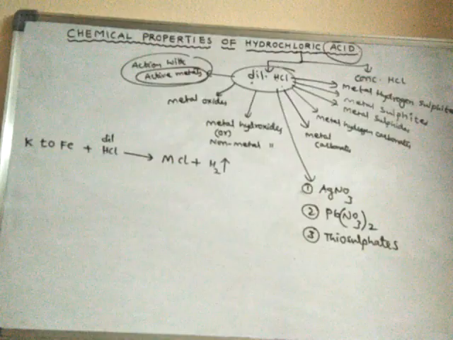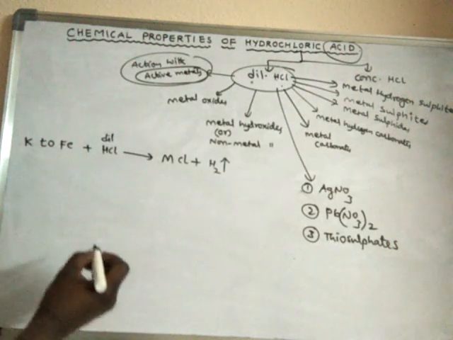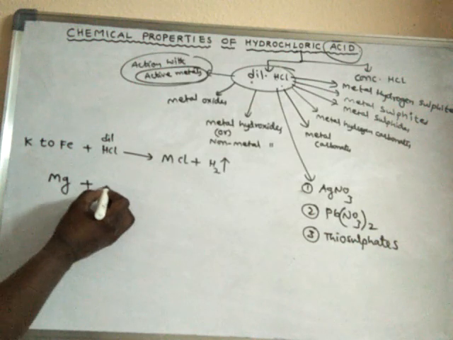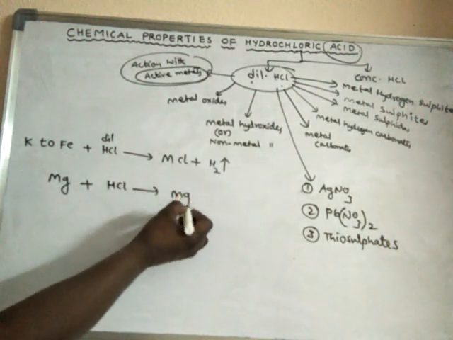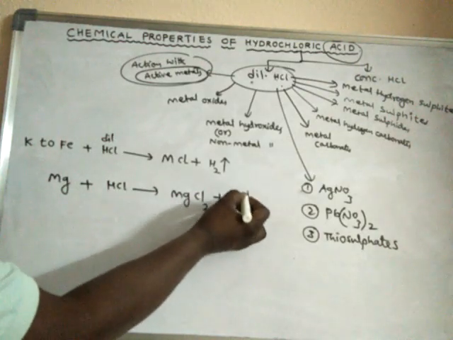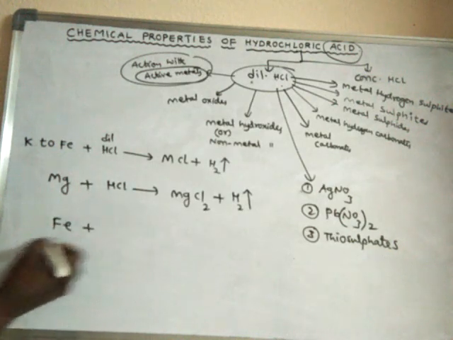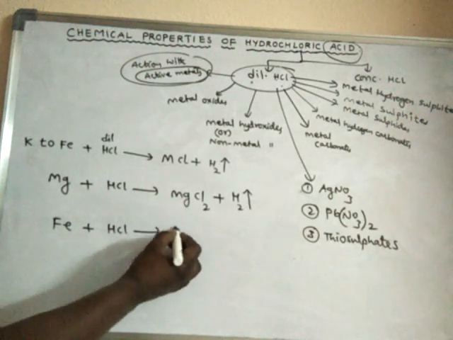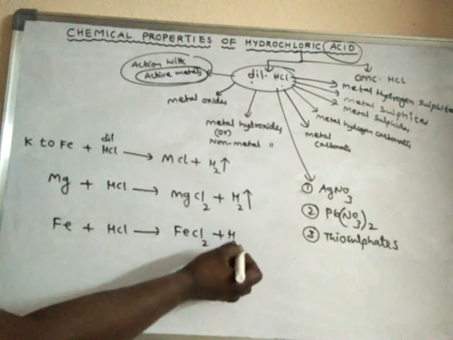Example, if you take magnesium metal and react it with dilute hydrochloric acid, it forms magnesium chloride and hydrogen gas is evolved. If the iron metal reacts with dilute hydrochloric acid, it forms ferrous chloride and hydrogen gas is evolved.